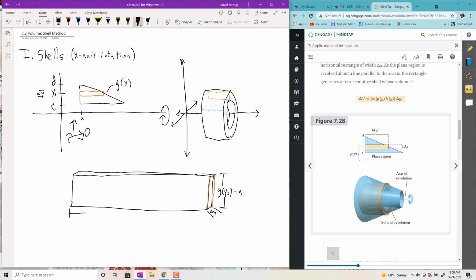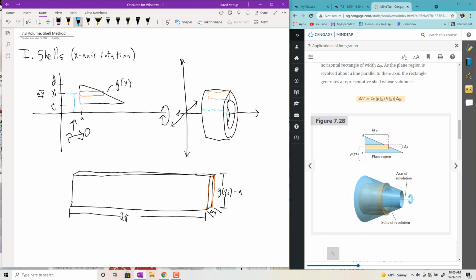And the only dimension you're left with figuring out is this length here. That turns out to be the circumference of that object, so it's going to be 2 pi times the radius. The radius is the distance from the x-axis to that particular rectangle, and you can see to the side that's just going to be y sub i in this case.